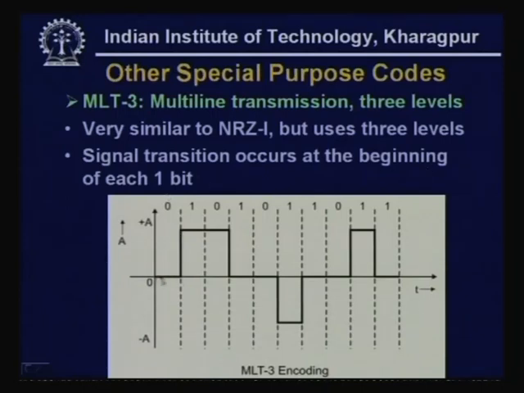Whenever it is a 1, it is making a transition from 0 to 1, and here also it is making a transition from 0 to 1, 1 to 0. So, here we can see we are using say 0 to plus 1, then plus 1 to 0, again from 0 to minus 1. In this way it is using 3 voltage levels, and signal transition is occurring at the beginning of each 1. So, it is very similar to NRZ-I, but uses 3 different levels. That is the basic difference. That is the characteristic of this code.